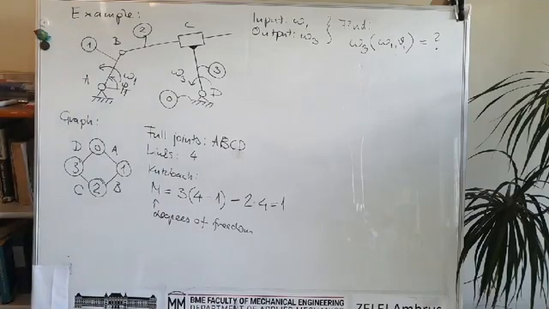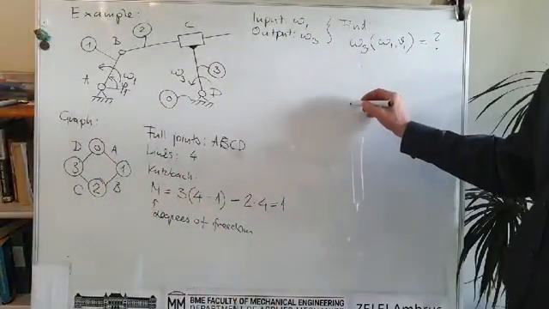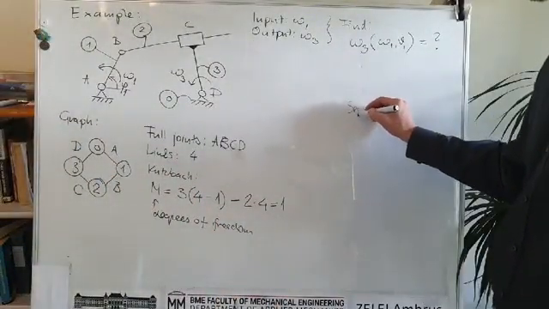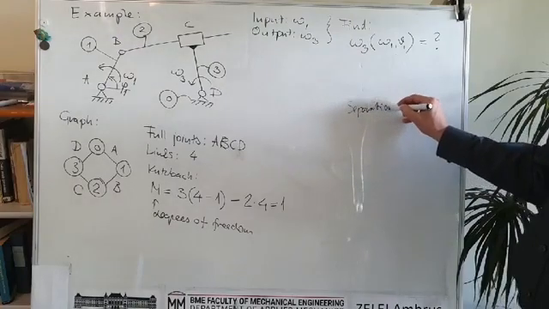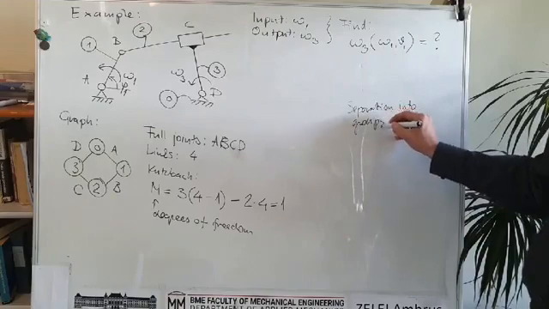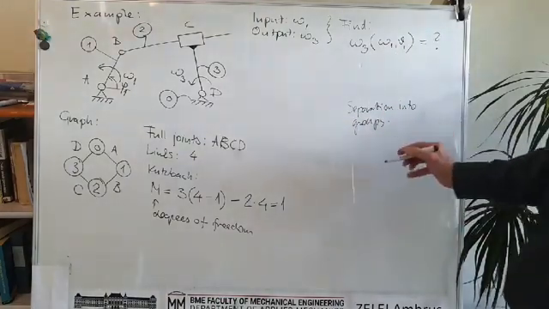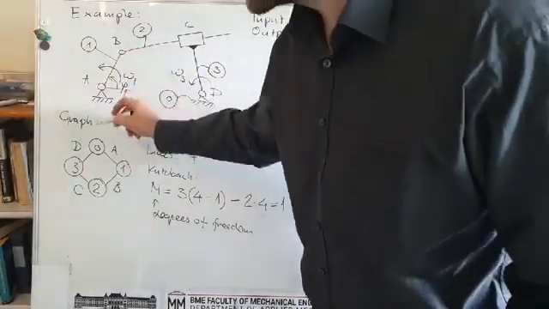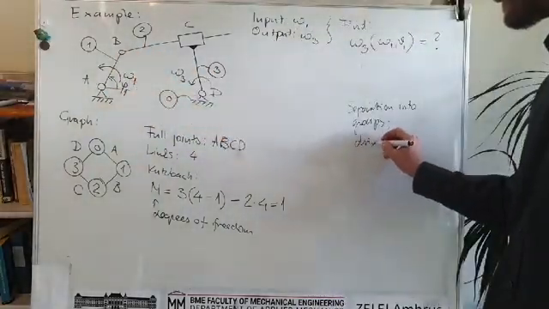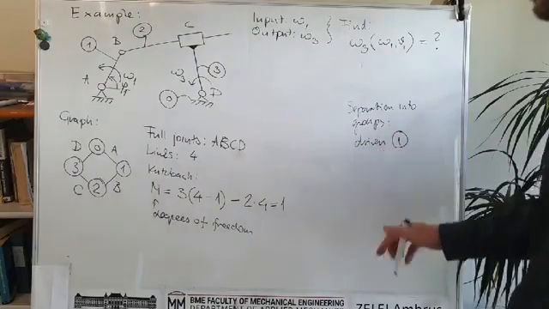We can also separate the structure into groups just to check if everything is fine. I know it was also long ago, but we can just remind ourselves. So as we said, this is the driving link, which is link number 1.